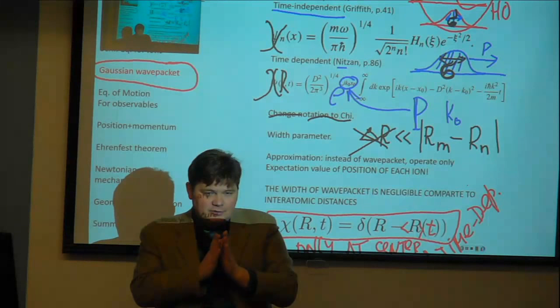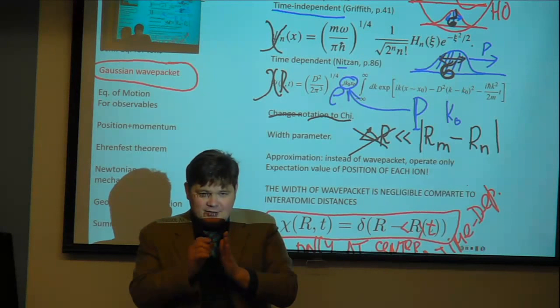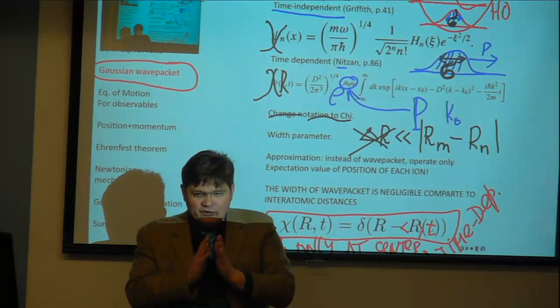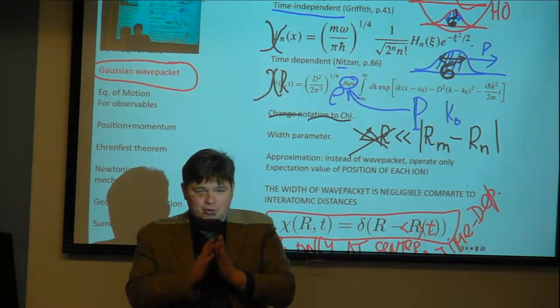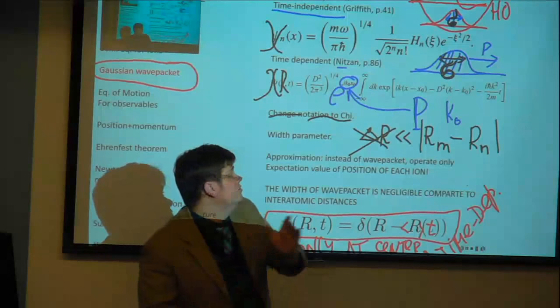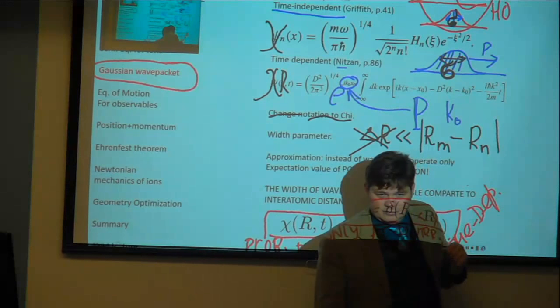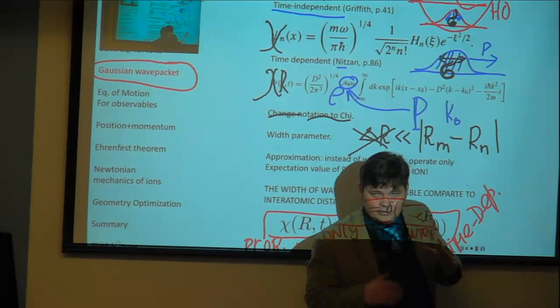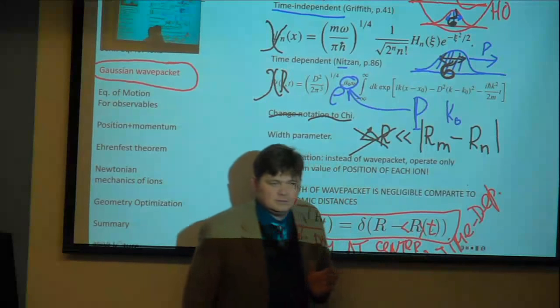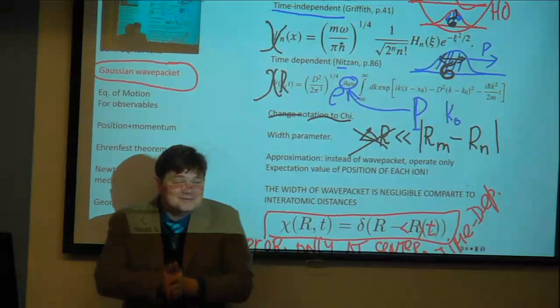For heavy atoms. For light atoms like hydrogen and proton, it is not always the case. But for most of the elements, it is very legitimate approximation. There's a continuous transition from harmonic oscillator Gaussian ground state to the delta function. No one objects. Good.